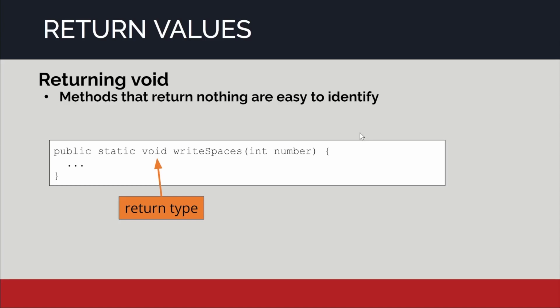Methods that return nothing are super easy to identify. You just look for the word void, and that word void will be replaced by something else if it has a different return type. You have to declare the return type in the method signature, and then you'll do the return value in the method body.